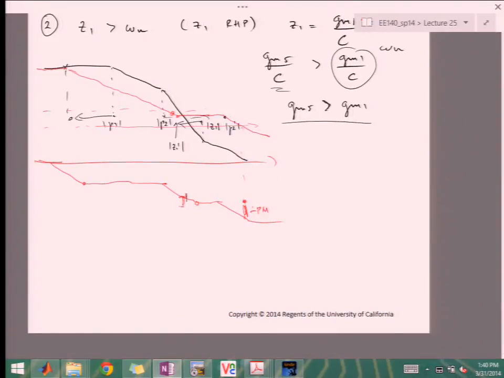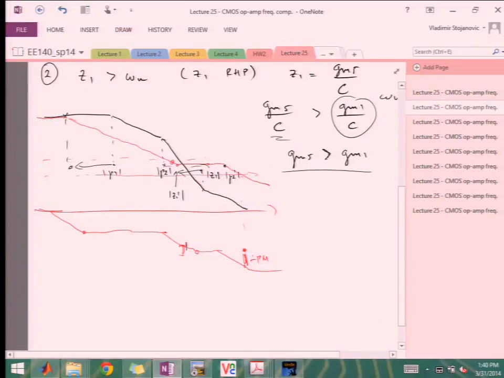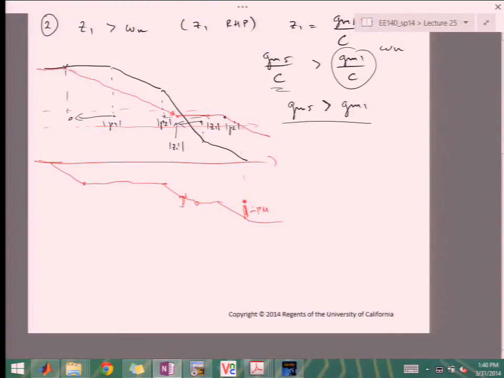So typically, instead of just enforcing the condition that Z1 is greater than omega u, we'll put it so that Z1 is much bigger than omega u. This really means that GM5 over GM1 is much bigger than 1. Now, let's take a look at this a little bit.